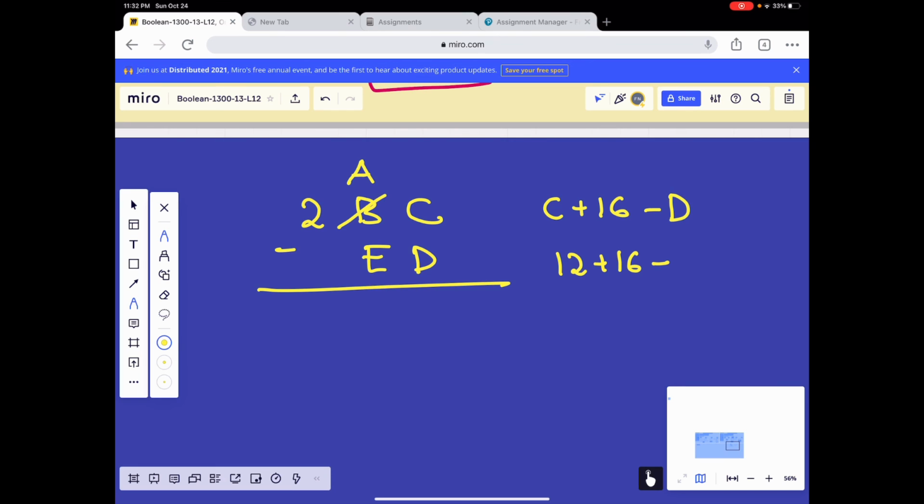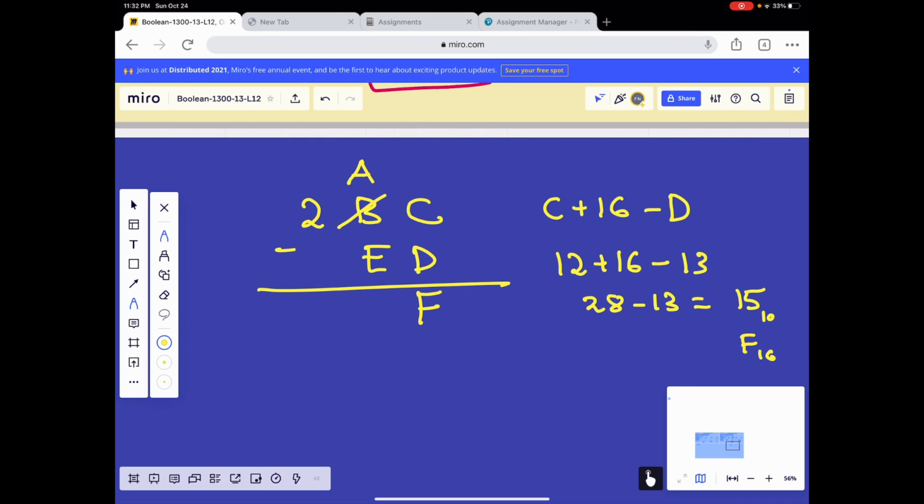So 28 minus 13 equals 15. That's 15 in decimal, and you change back to hexa. 15 is letter F in hexa. So put down letter F over here.